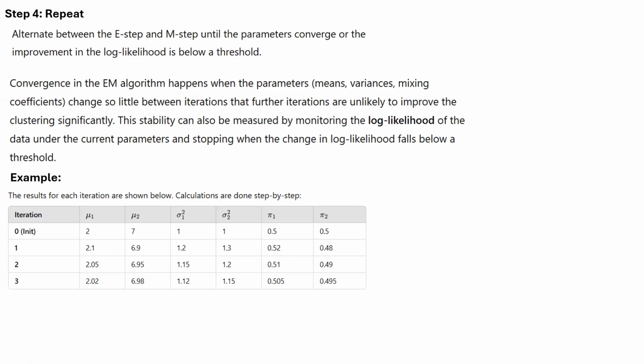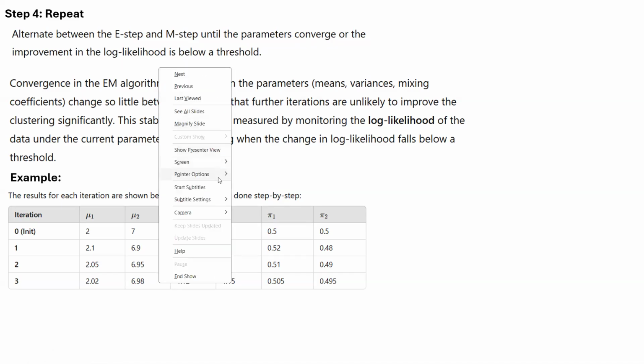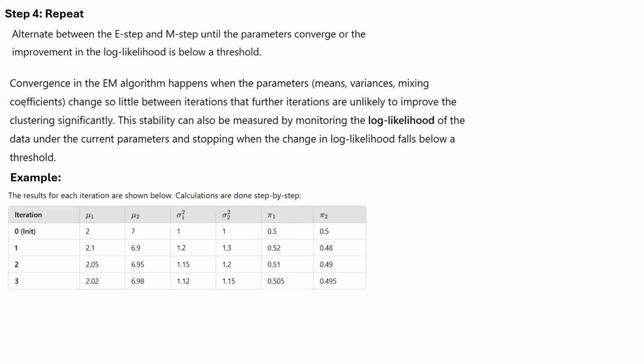Once the parameters converge, the improvement in the log likelihood is below the threshold. Convergence in the EM algorithm happens when the parameters mean, variance, and mixing coefficient change so little between iterations that further iterations are unlikely to improve the clustering significantly.